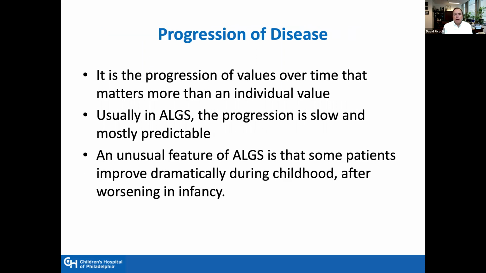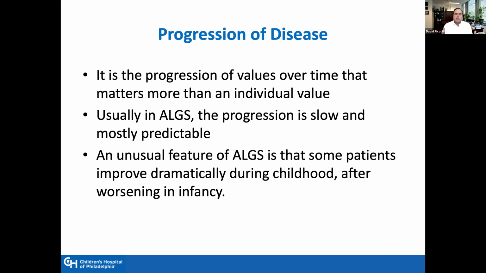So how do we measure progression of disease? It's this progression of the values over time that matters more than an individual value. And usually in Alagille, the progression is slow and it goes up and down so that you can't really in any two measures say things are worsening or things are getting much better.